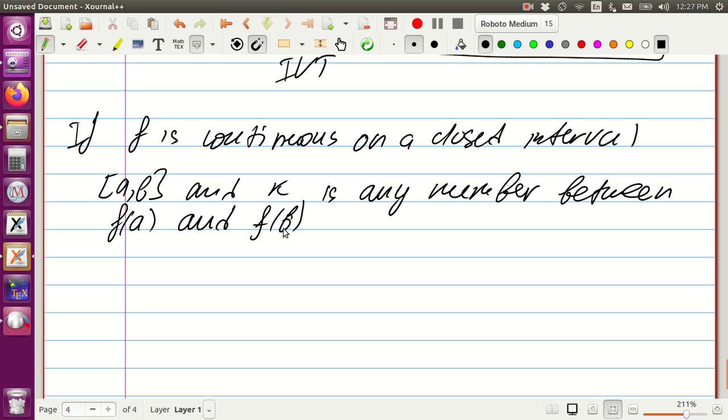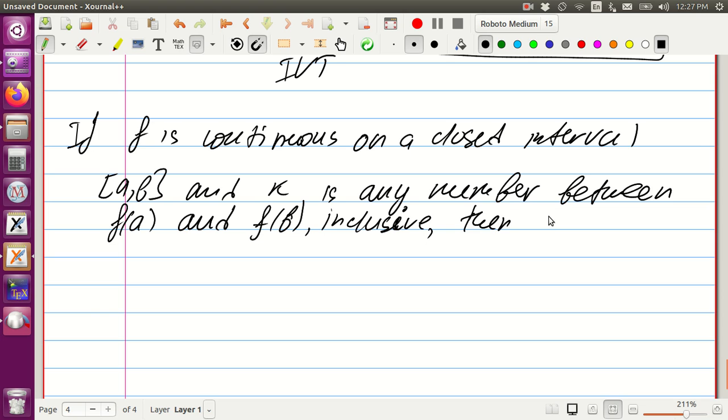At first it doesn't make sense, but then we'll see graphically, and it's inclusive, so it could be one of the endpoints. From the picture, it will be clear what I mean.